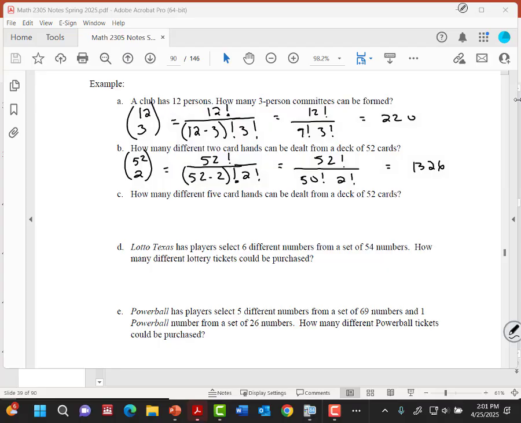Okay, we're going to skip C and move down to D. Lotto Texas players select 6 different numbers from a set of 54. How many lottery tickets could be purchased? So the order does not matter. So this is 54 combination 6.